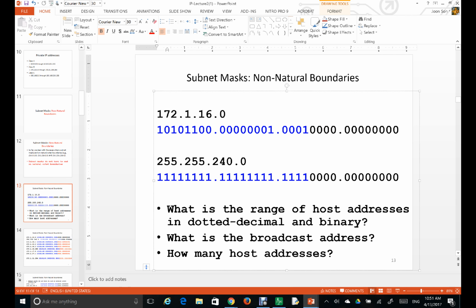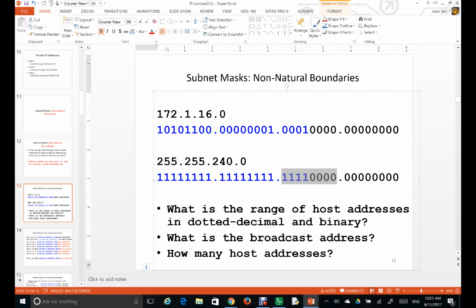And since the third octet is not 255, in such a case, you need to convert this decimal number to binary. So step number 1, when you have a subnet mask like this, if this number is not 255, is to convert this number into binary form.